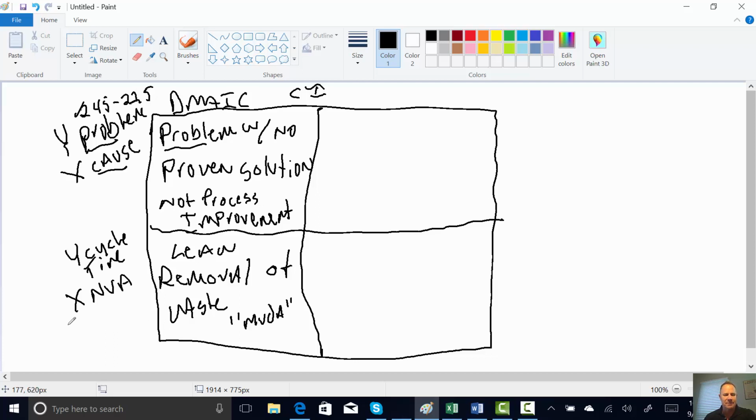And I'm not going to write them down given the font size here, but if you recall, there were three definitions of a value-added step. It must physically change the thing, it must be done right the first time, and the customer would pay for it, right? The customer would pay for it if they knew you were doing it.